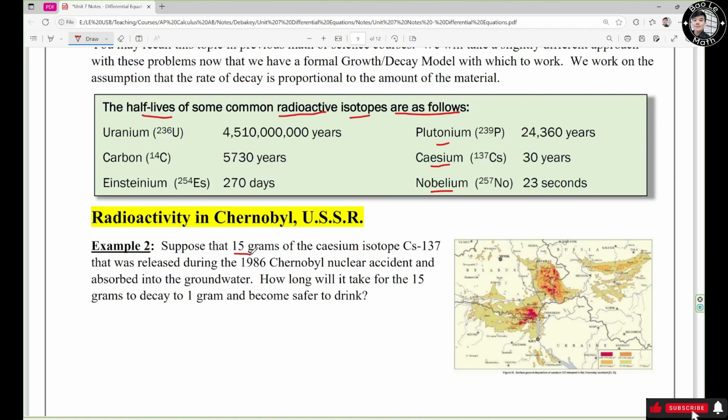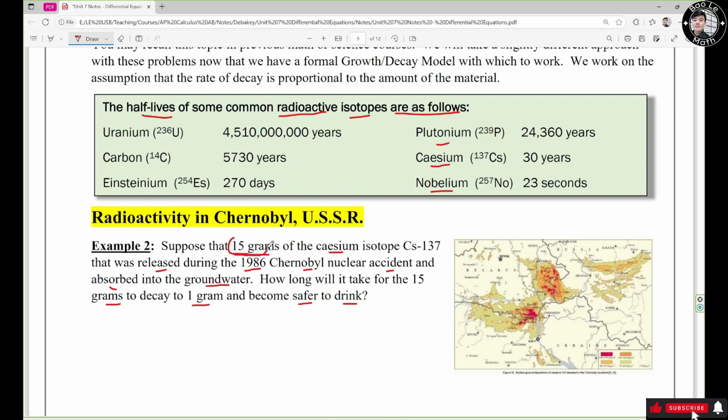Suppose that 15 grams of the cesium isotope CS-137 that was released during the 1986 Chernobyl nuclear accident was absorbed into the groundwater. How long will it take for the 15 grams to decay to 1 gram and become safer to drink? Now, you need to summarize the problem.